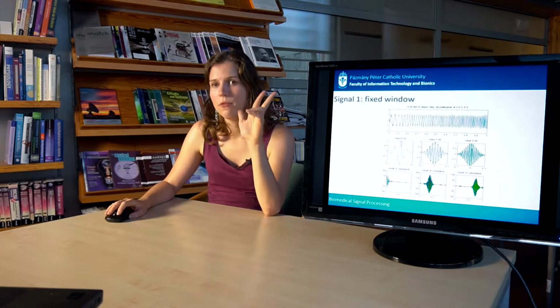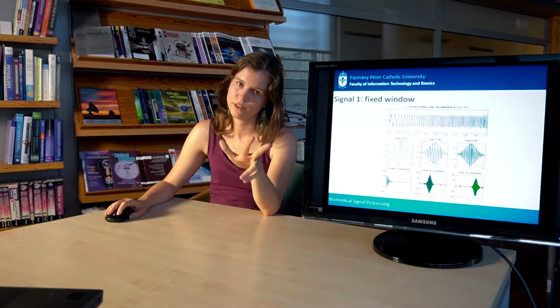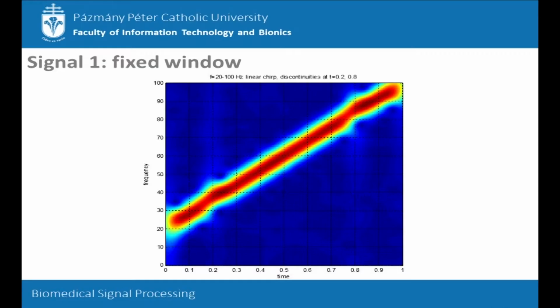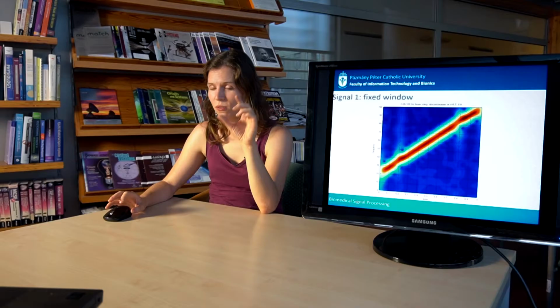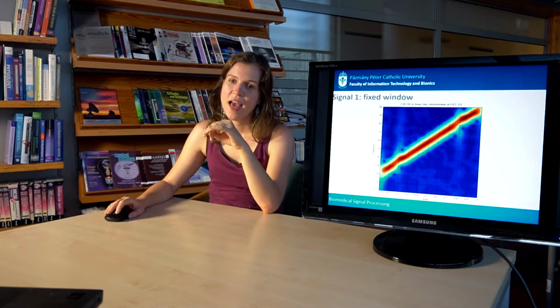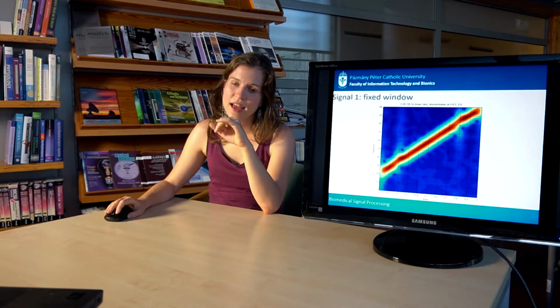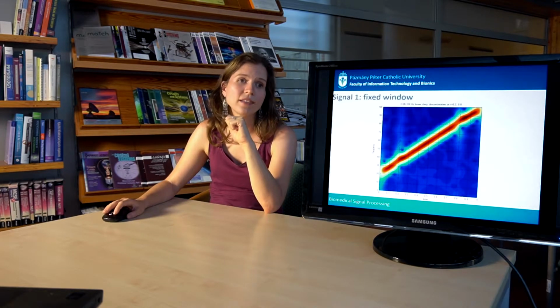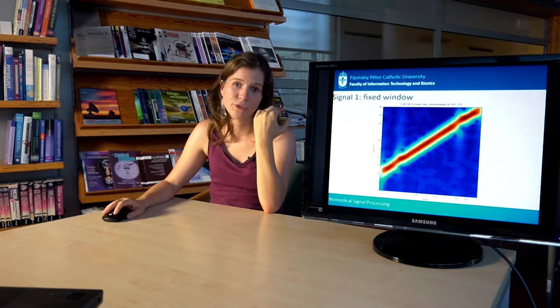But these were only 3 different basis functions. What if we tried all of them, all different possibilities of them? So this is what you have. This is the spectrogram if you try all possible frequencies. So all Gabor functions which are possible. And you will see at different times the frequency component of your signal.